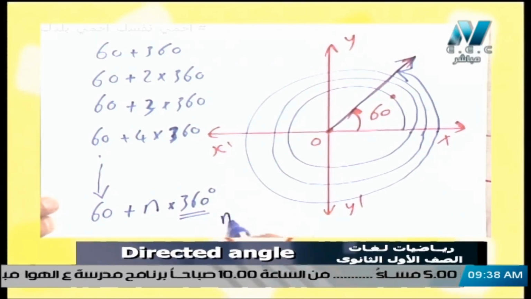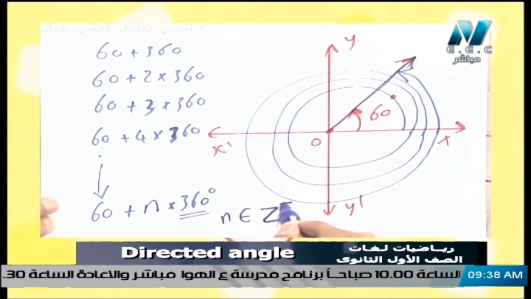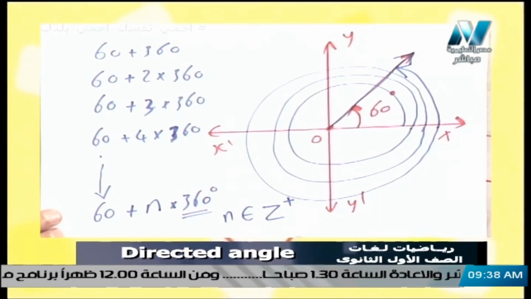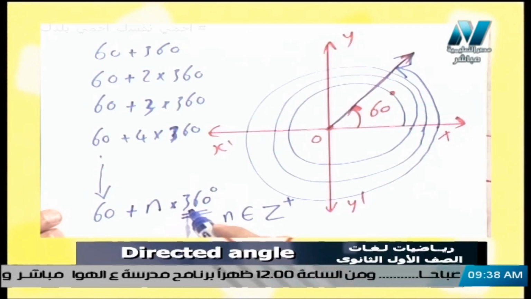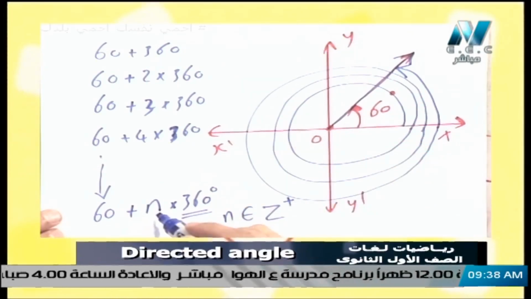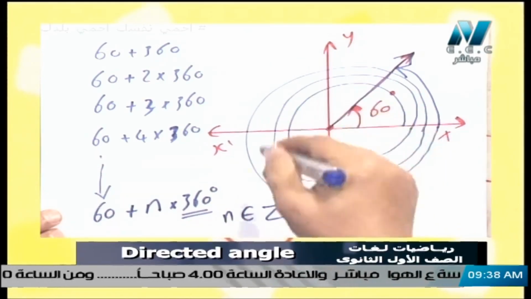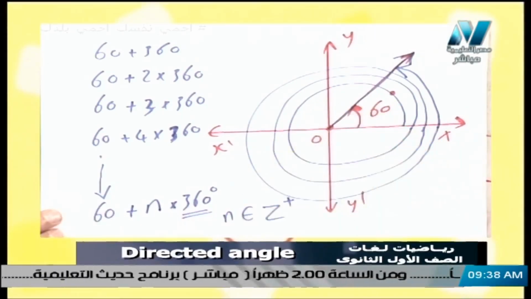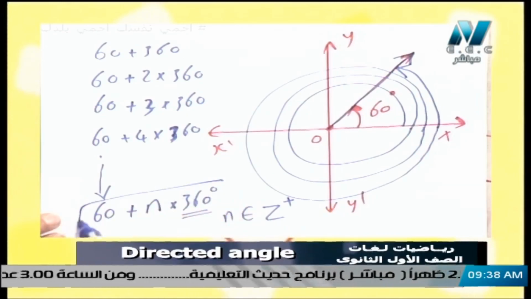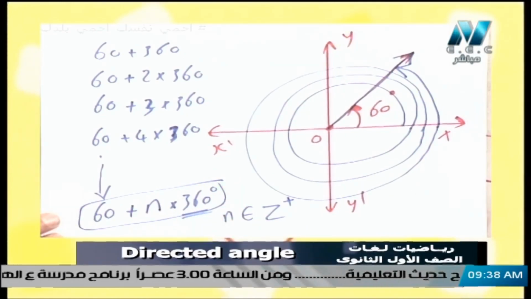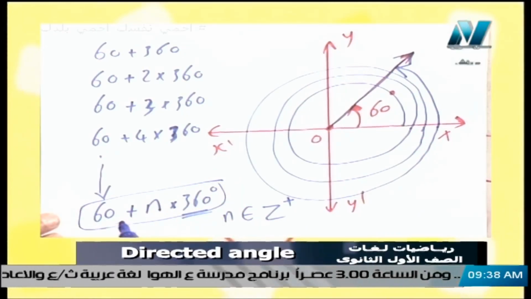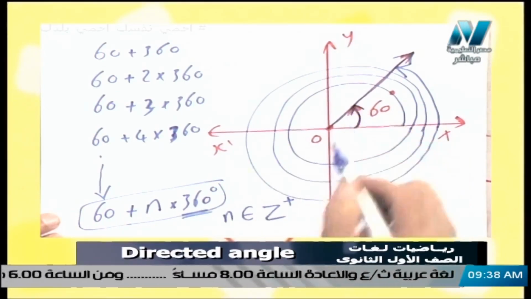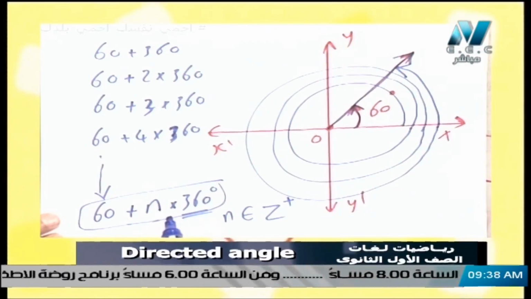Here n belongs to Z positive. Z positive is 1, 2, 3, 4, and so on. If n is 1, it is one turn only. If n equals 2, we have two turns. If n equals 5, we have five turns. This is the rule for all the angles that are equivalent to the angle 60. So how many equivalent angles are there?